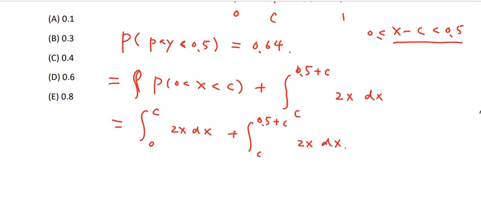So this equals C squared plus the squared term at 0.5 plus C minus C squared.